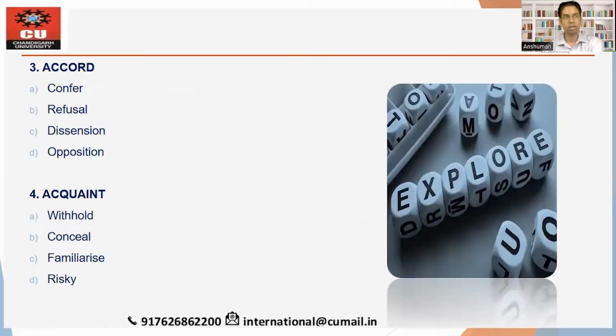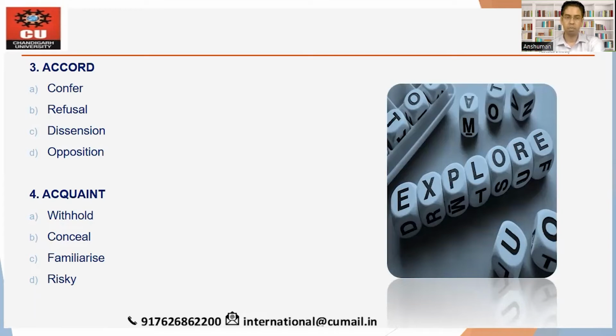The next question is accord. Okay. Now, what is accord? Accord means to grant a right or permission to someone. Okay. So we have 4 options. Option A is confer, which is the correct option because confer also means granting a right.